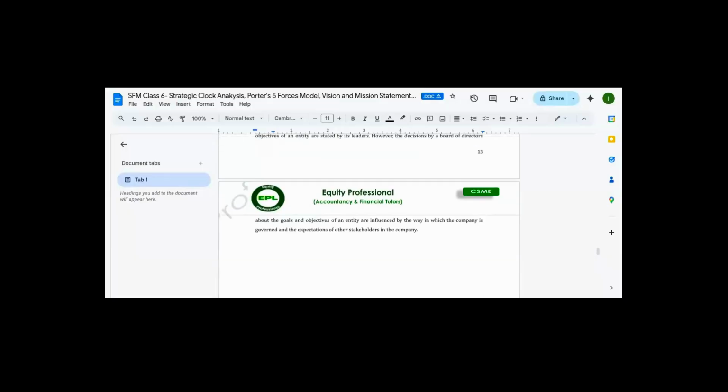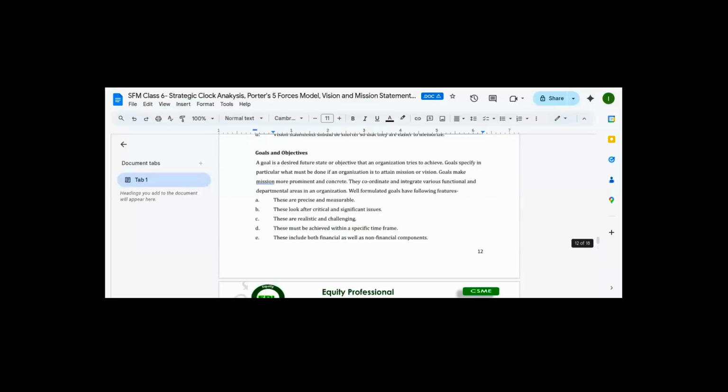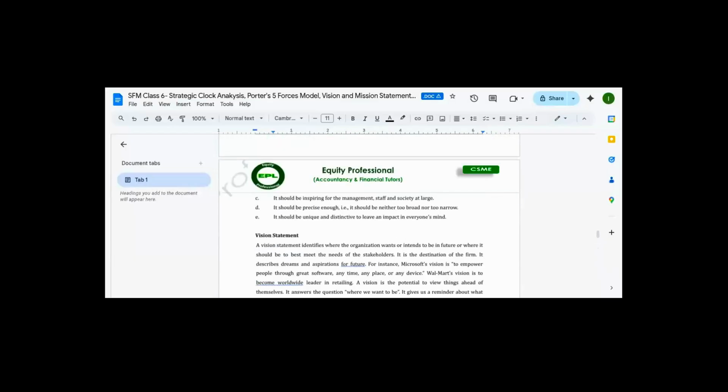Again, in our vision and mission statements, I informed you that a vision statement refers to the destination of the company. It is a projection into the future. It is the dream of the founders.